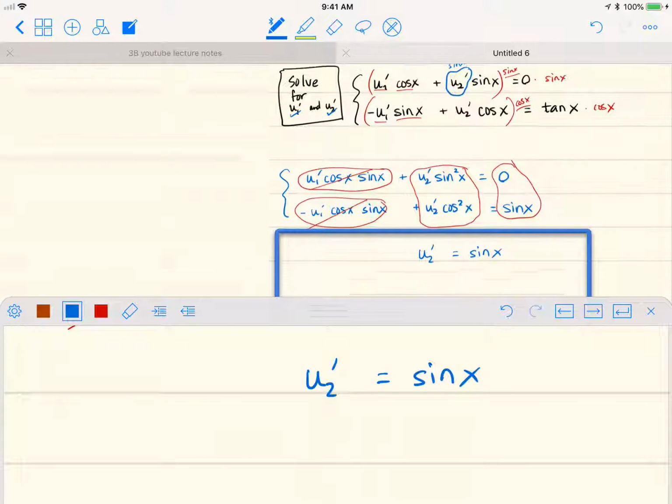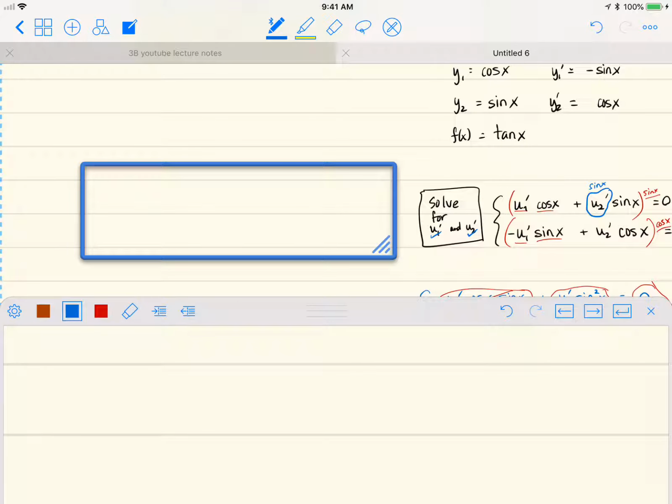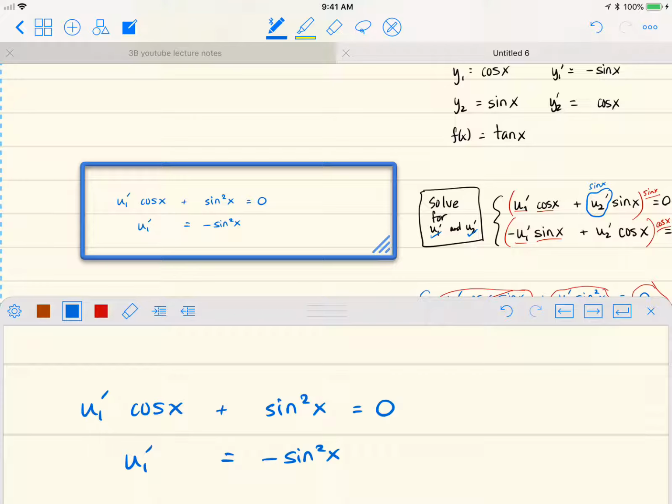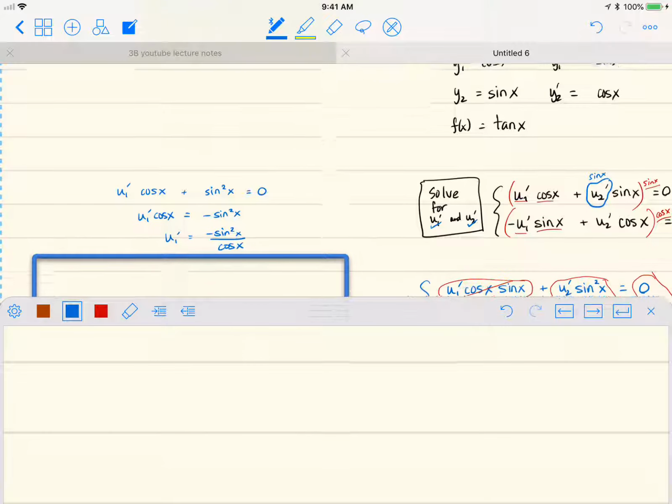Okay, so then u1 prime cosine x plus sine squared x is equal to 0. Negative sine squared x is equal to u1 prime cosine x. And u1 prime is equal to negative sine squared x over cosine x. So we've solved for u1 prime as well.